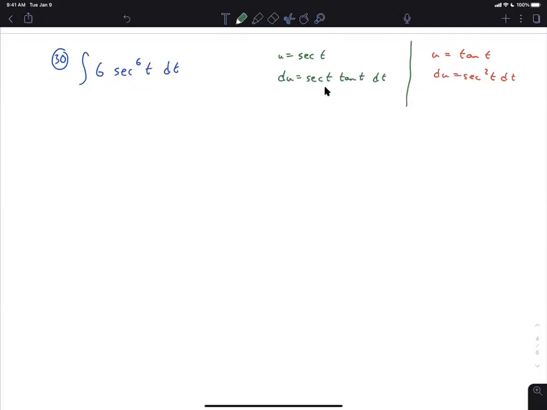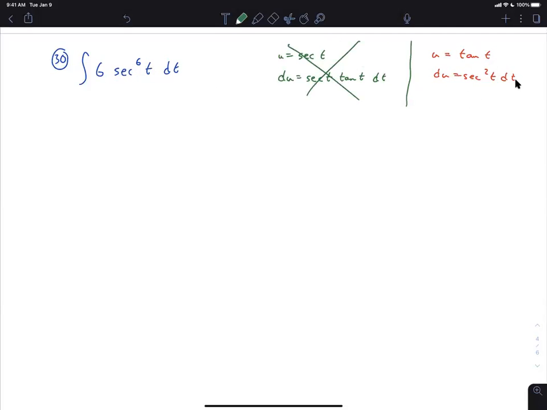So here, I'm not going to be able to separate out the du with u equals secant because I have 6 secants, that's fine, but I don't have a tangent at all. So this approach is not going to work, or if it is, it's going to be very, very difficult. But u equals tangent will work, because I can separate out 2 of the 6 secants.